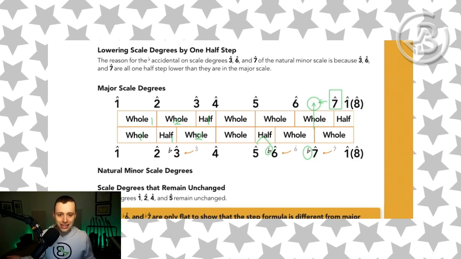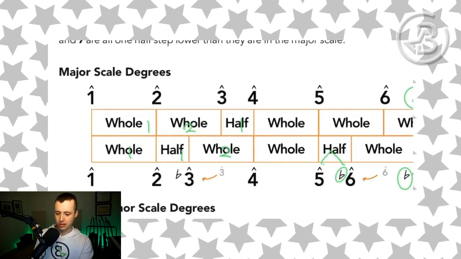There's no other reason than we really like comparing things to the major scale. So we're going to compare minor scale degrees to major scale degrees and say, okay, in relation to scale degree 3 in the major scale, sure enough, scale degree 3 in the natural minor scale is 1/2 step lower. I will see you in the next lesson.